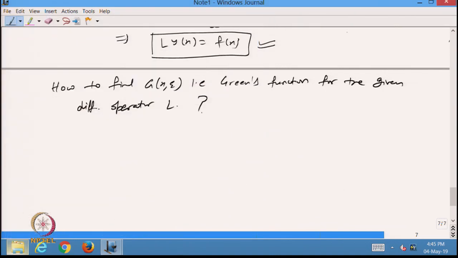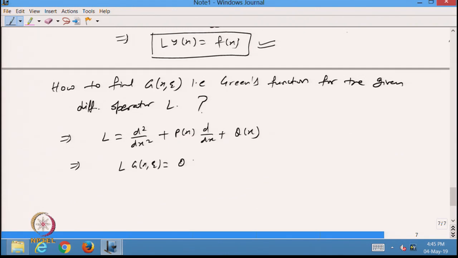Now you know that my operator L is d squared over dx squared plus p(x) d by dx plus q(x). If you see L applied on the Green function, that is equal to 0 when x is not equal to xi, because otherwise it is equal to the Dirac delta function.